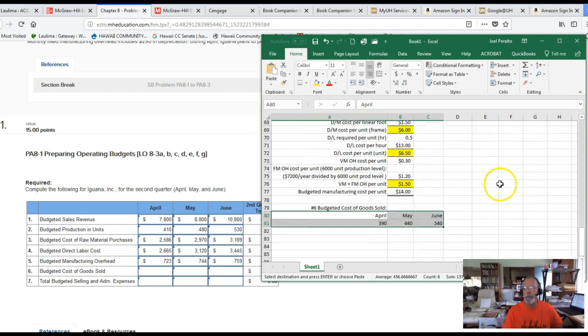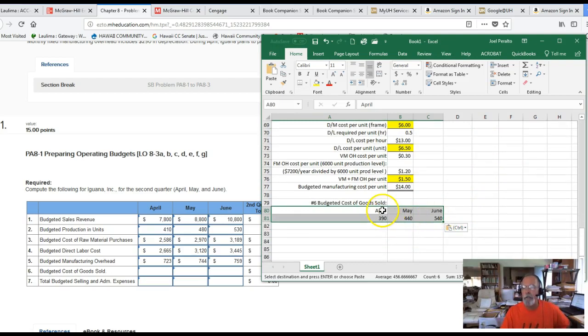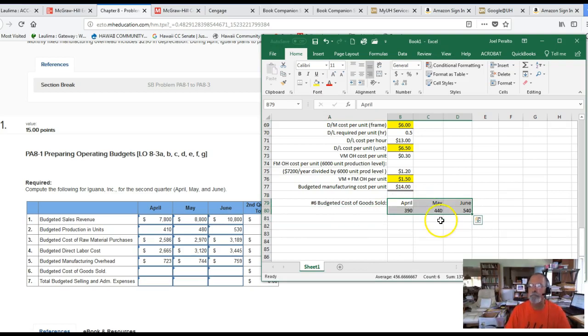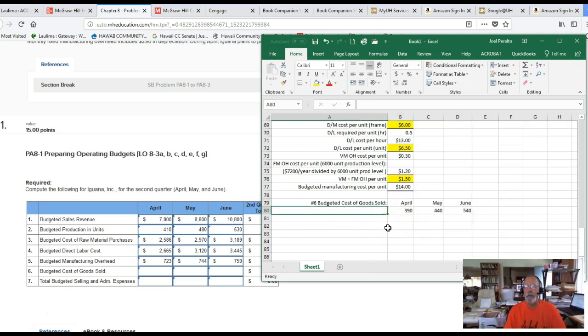I think that's the one. Is that the one? Yeah, that's the one. Except we need it here. Control X. There. Okay. Budgeted sales per month in units.